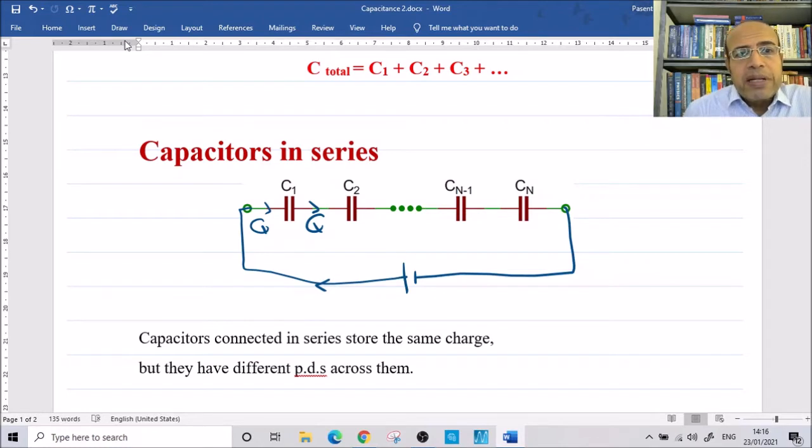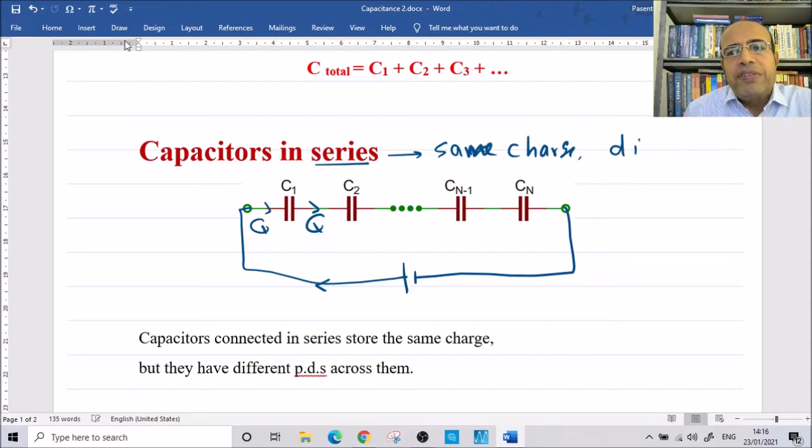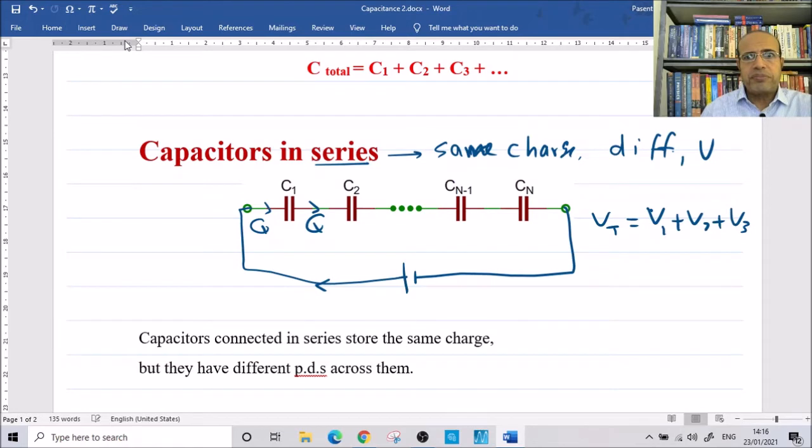So remember, capacitors in series have the same charge but different voltage. So V total equals V1 plus V2 plus V3 and so on.